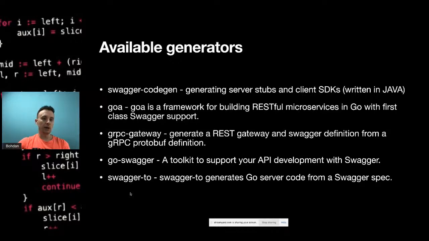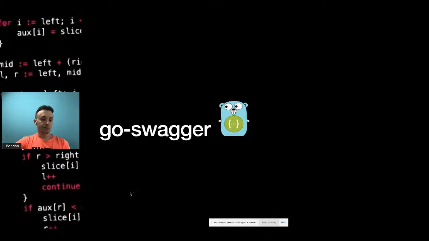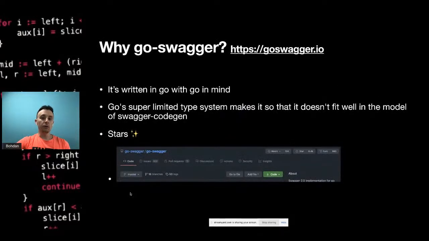Next, we looked at Goa. We also thought about the fact that we provide gRPC services and expose them through gRPC gateways. We thought about Go Swagger, or Swagger 2. In the end, we stuck with Go Swagger. Why so? Well, first of all, because of the stars.